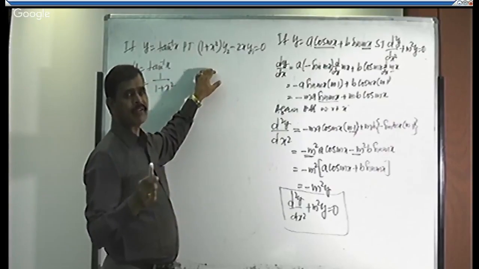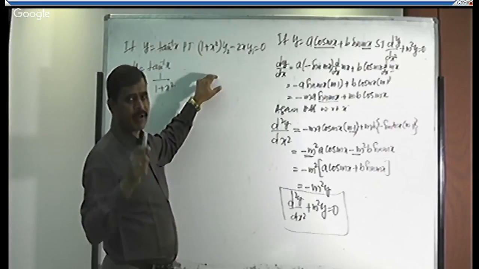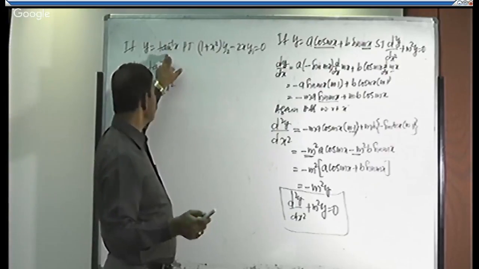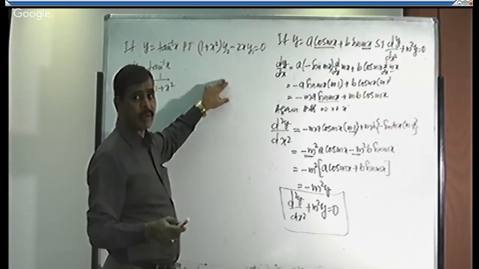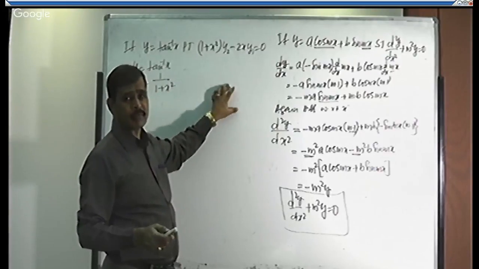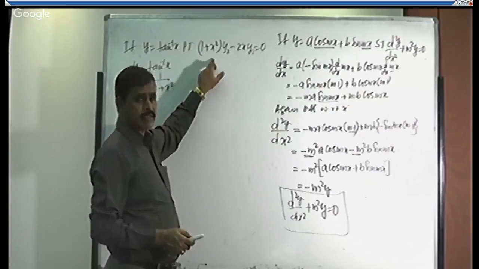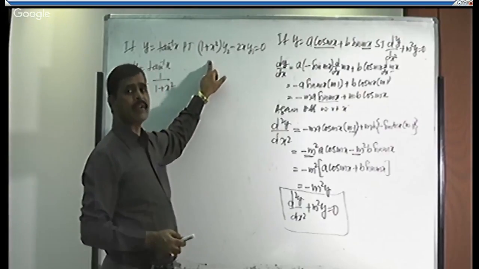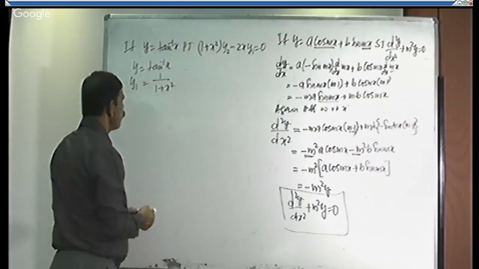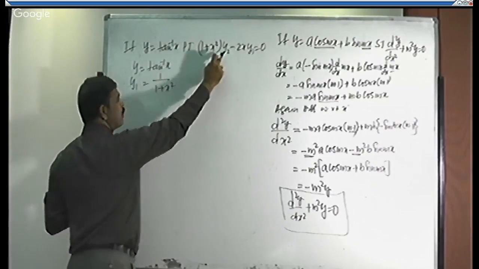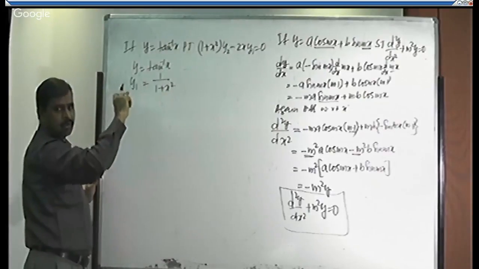For log x, the derivative is 1 by x. For all the inverse functions, you always get 1 by 1 plus x square, 1 by root of 1 minus x square, like that, right? If it is the case, after getting the first order derivative, you have to make cross multiplication to get the equation in this form. So got it?